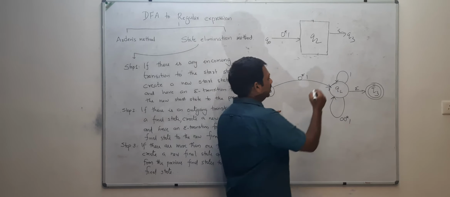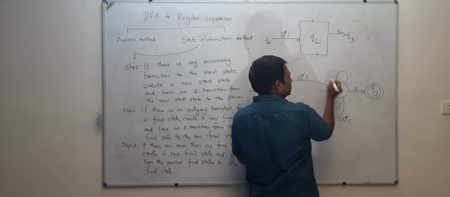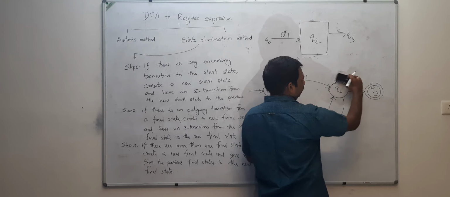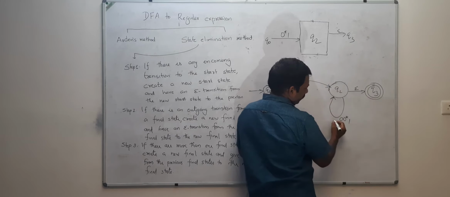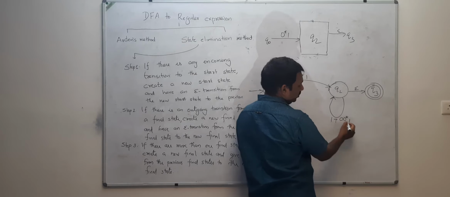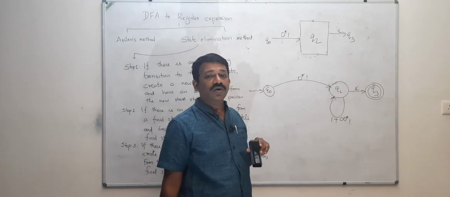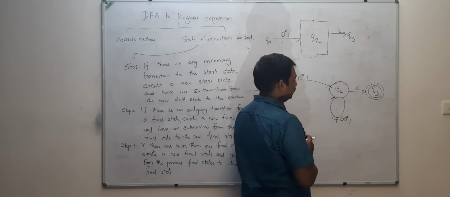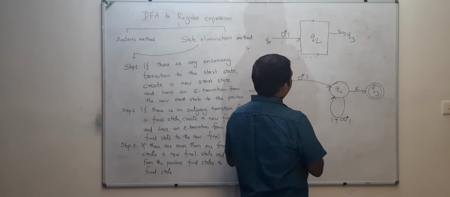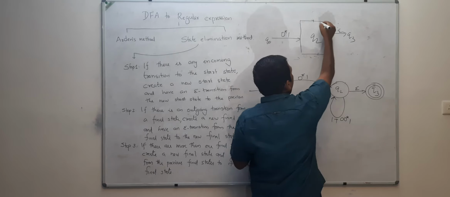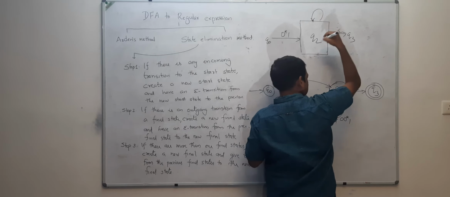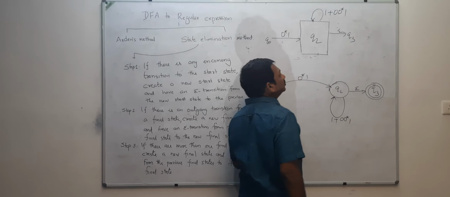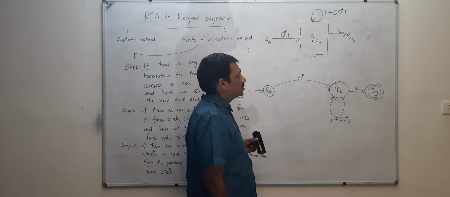That means when I combine these two, this will be 1 or 0 star 1. Now, this is the loop and that is labeled 1 or 0 star 1.